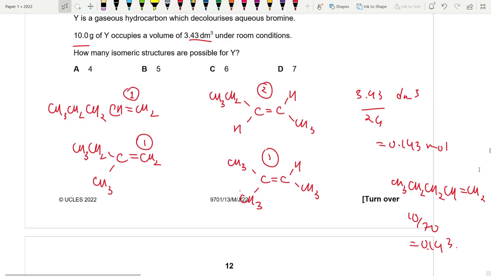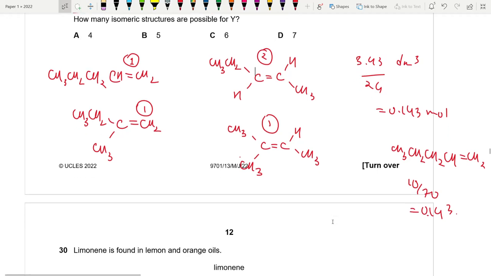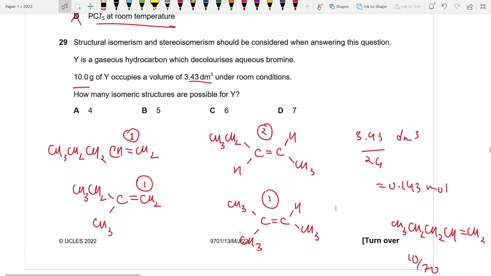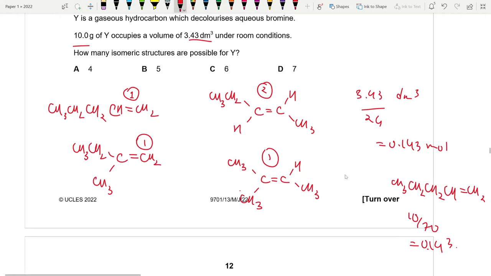Then this is one of the isomers. The last one is actually an isomer of the first one.